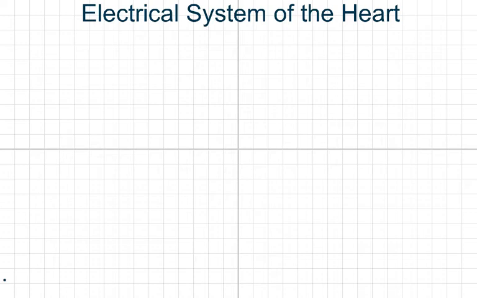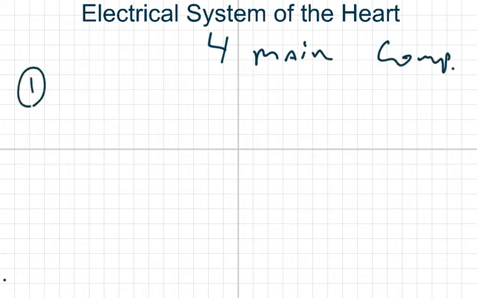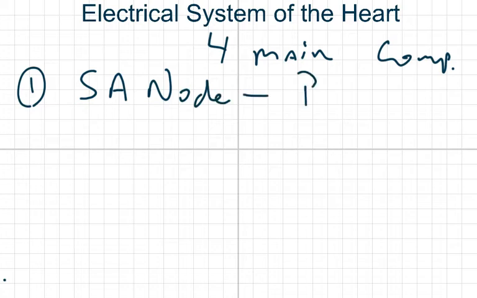The electrical system of the heart has four main components. The first one is the sinoatrial node, also known as the SA node. In short, we tend to call this the pacemaker of the heart.